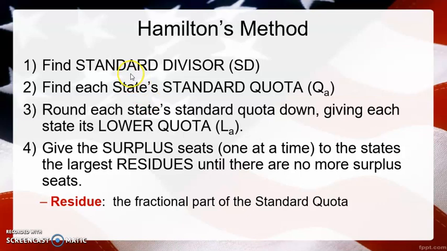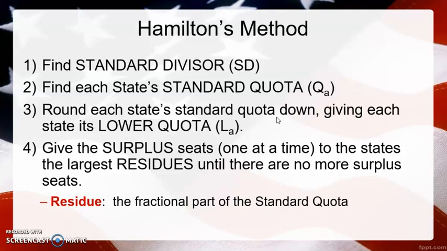Then we're going to use the standard divisor to find each state's standard quota. That's just the state's population divided by the standard divisor. Then we're going to round each state's standard quota down. In other words, we're going to award each state its lower quota. And then we're going to see how many seats we have apportioned at that point.